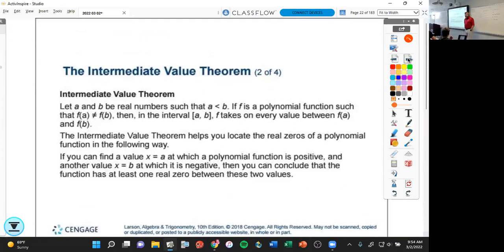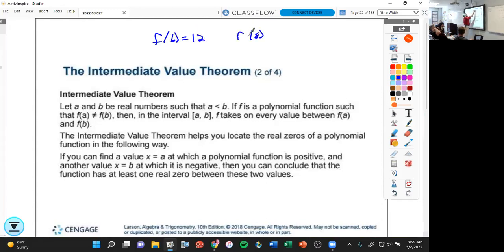Yeah, y'all can read that if you want to. When they start putting theorems in words, it's basically what I just told you. Another thing, if I said that f of 6 equals 12 and f of 8 equals 15, is there a number between 6 and 8 that will get me a value of 14?